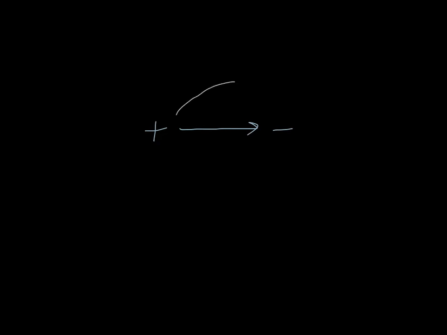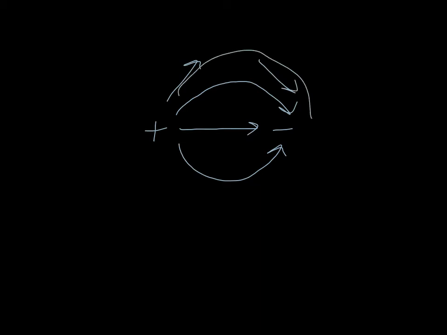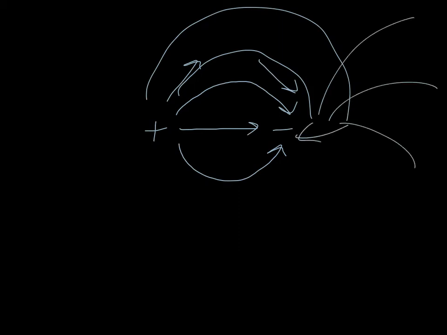And so it's really the sum of this force and this force, and so it's going to go like that. But eventually it's going to get so weak that it's going to go out like this. And our electric field lines will never cross each other.